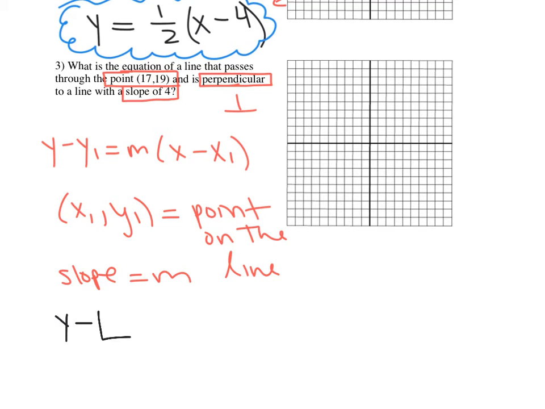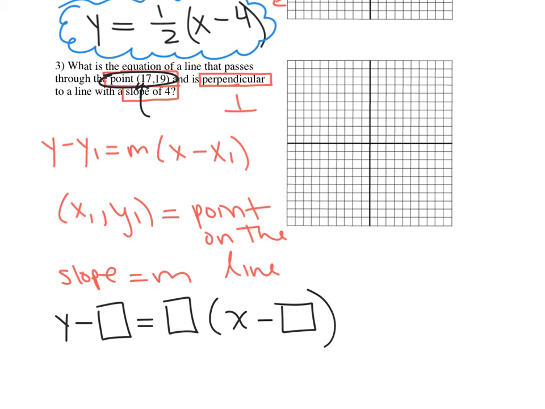Remember, those are the fill in the blank pieces. So let's start with the point. I have 17, that's my x1, and 19 is my y1. So I have y minus 19 is equal to the slope, so let's fill that in in a second, times x minus, there's my x1 of 17.